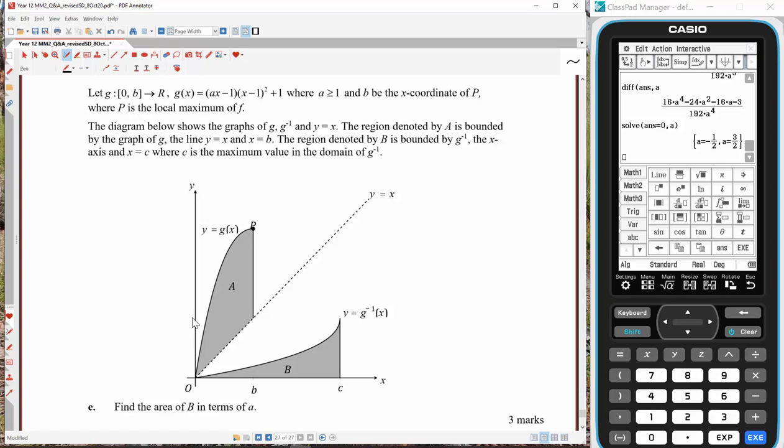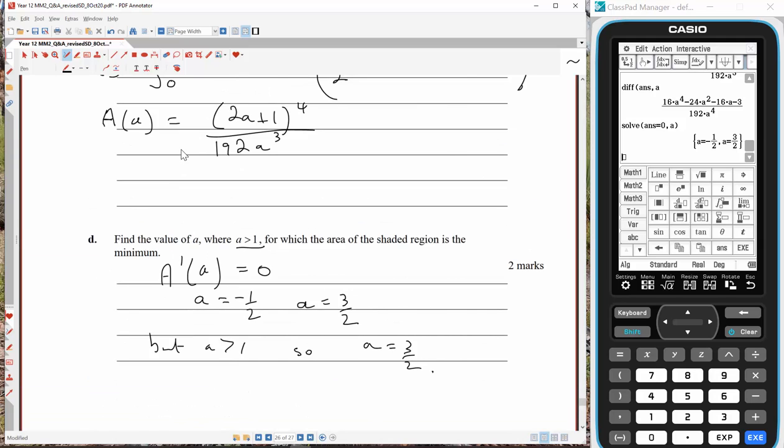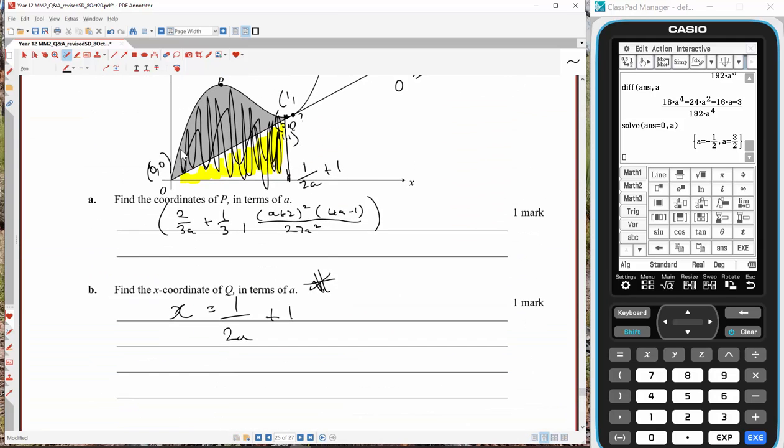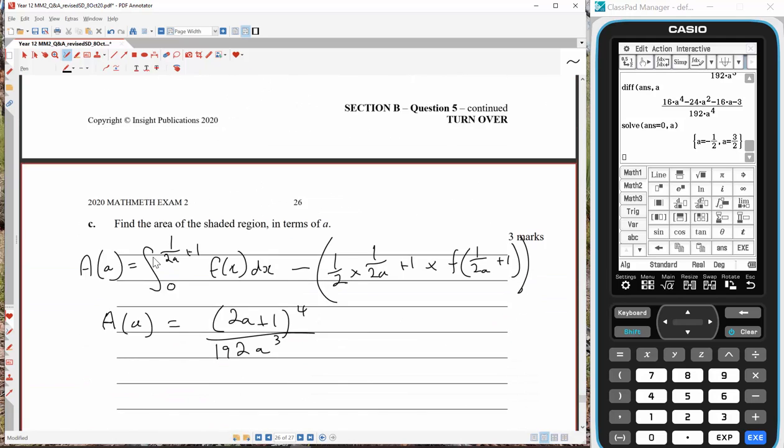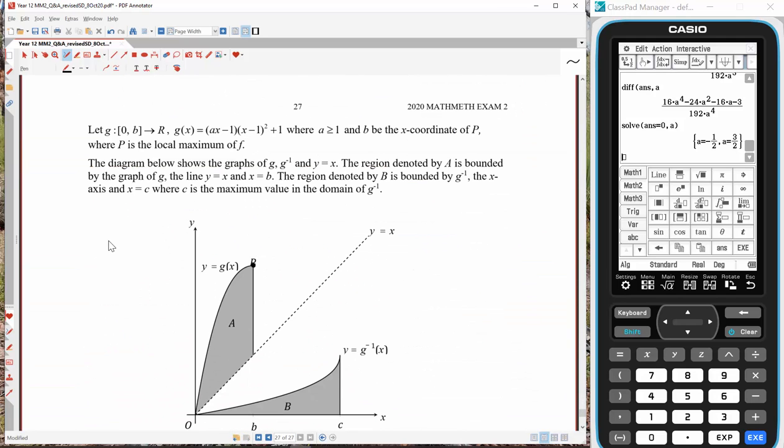All right, so that's that same point again. Because it's the same function, the local maximum occurs at 2 over 3a plus 1/3. So that's that point there. So that's what B is equal to.